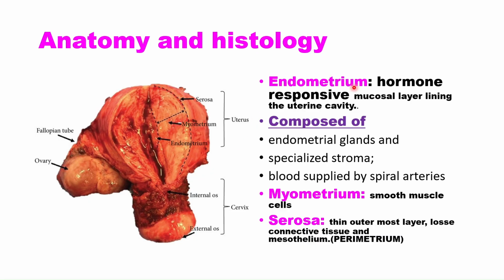The endometrium is a hormone responsive mucosal layer lining the uterine cavity. It is composed of glands, specialized stroma and blood supplied by spiral arteries. Then the myometrium is made up of smooth muscle cells, and the outermost layer is called perimetrium, which is made up of loose connective tissue and mesothelium.